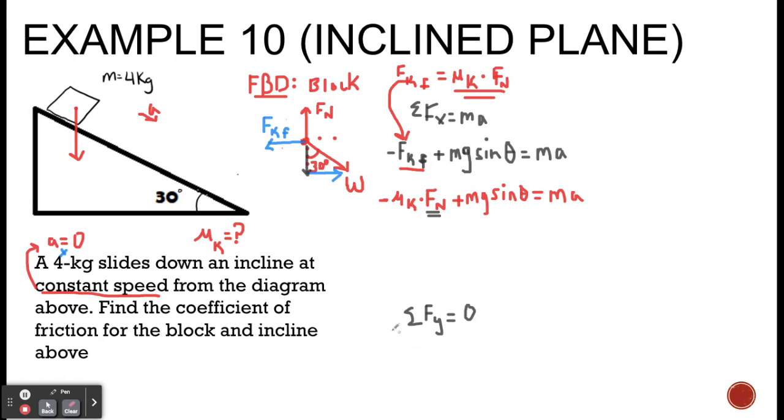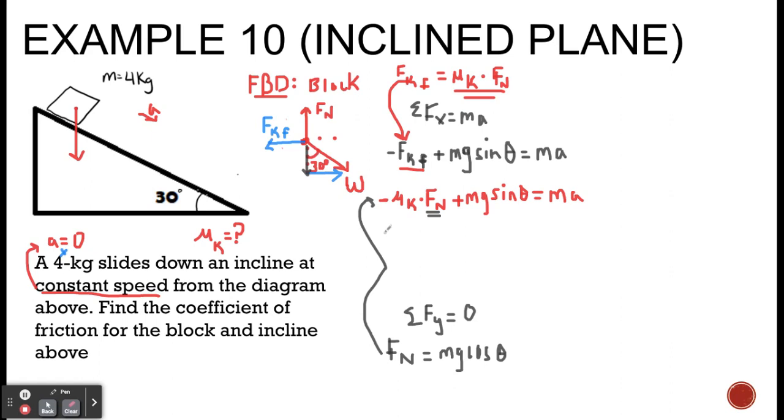That means the normal force should be equal to the y component of the object's weight, which will be mass times gravity times the cosine of theta. So we can substitute that into our equation as well.